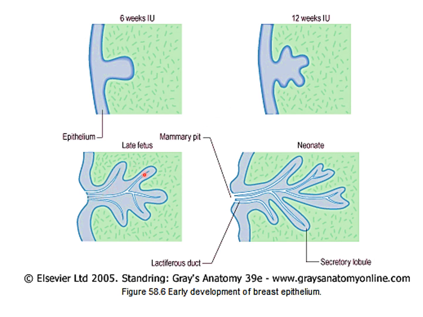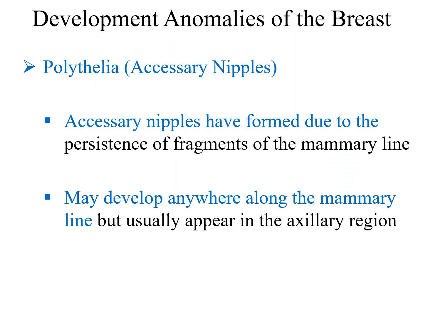So the cells present in this area are dying through apoptosis, and finally these multiple openings become a single opening, the nipple, and many ducts open into that area, which is known as the mammary pit, or in adult life the nipple. And here you can see the secretory lobule, but there are no alveoli there, they form later on. So that's all about the development of the breast.